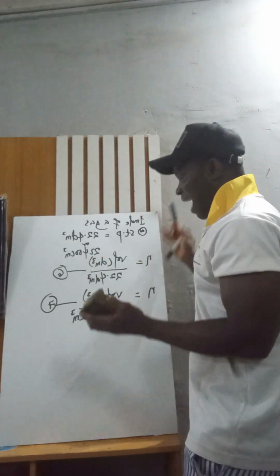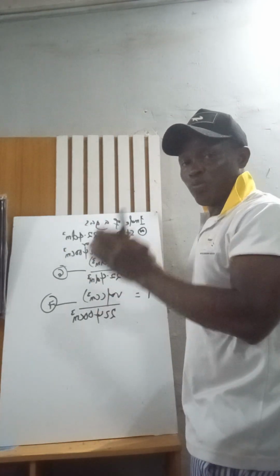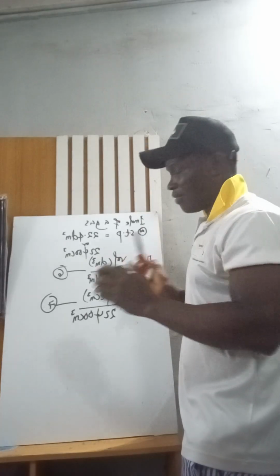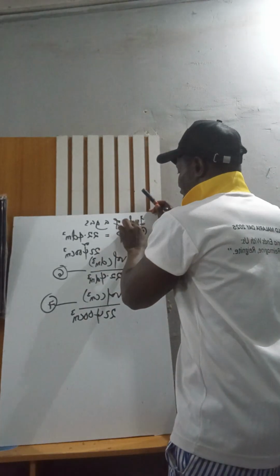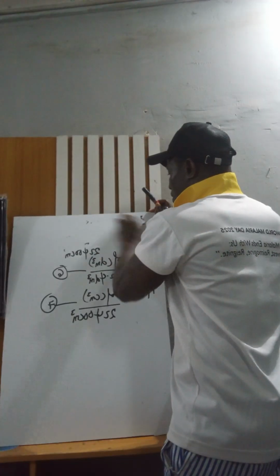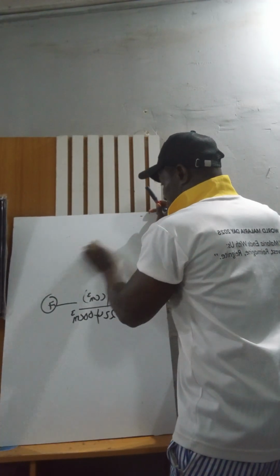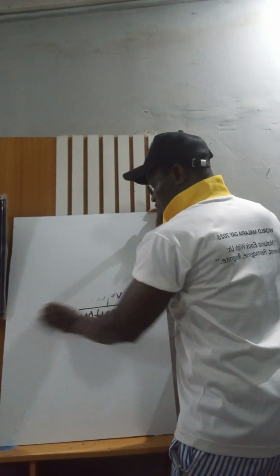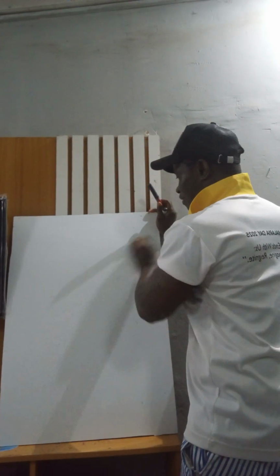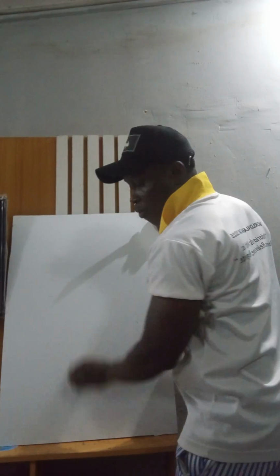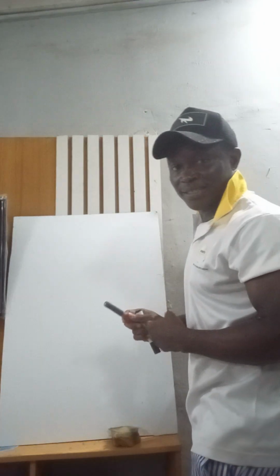Equation 6 and 7, I can equate with the previous equation 1. Very simple. How do we do that? So I'm going to take this off the board. I will equate equation 1 and equation 6 and 7.